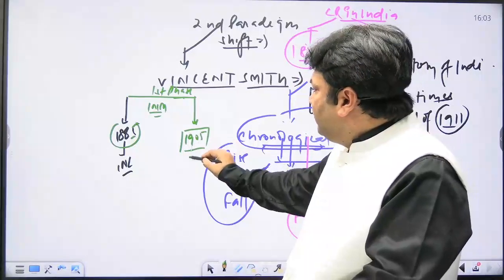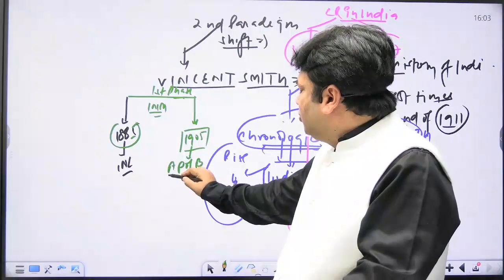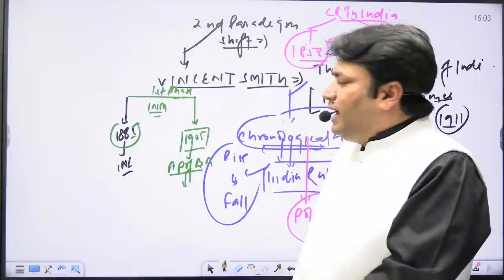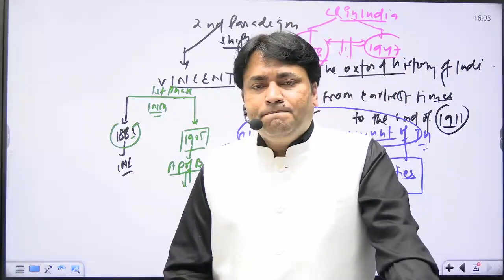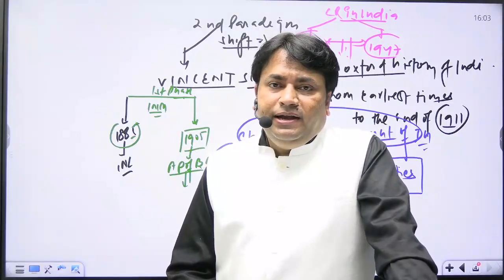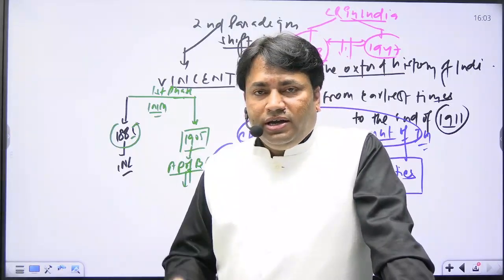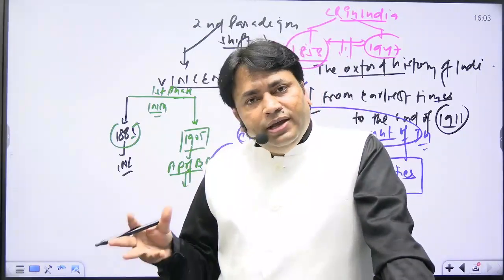In 1905 there is an important incident, the anti-partition of Bengal movement, which is also a symbol of the growth of Indian nationalism. It means nationalist sentiments were now consolidating against the presence of British rule in India.